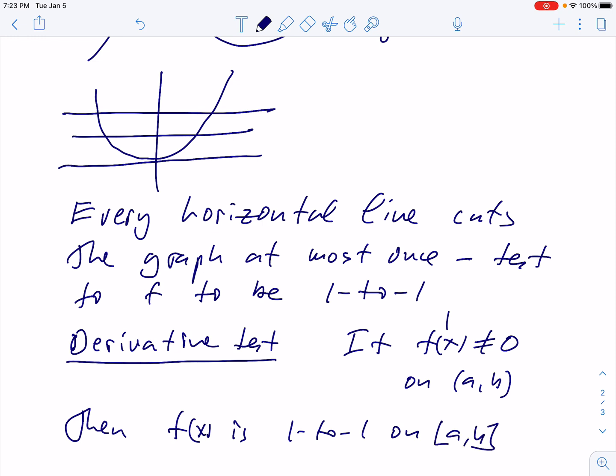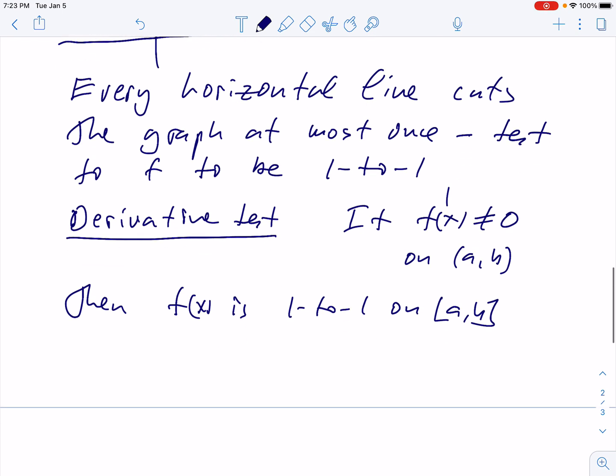If the derivative is not 0, it means it's either positive or negative. So the function is either growing or decreasing, and such functions are one-to-one. So if the function is decreasing like that, it undergoes the horizontal line test. If it's increasing like that, also every horizontal line cuts the graph only once. So that's a good, important derivative test, easy to check for many functions.